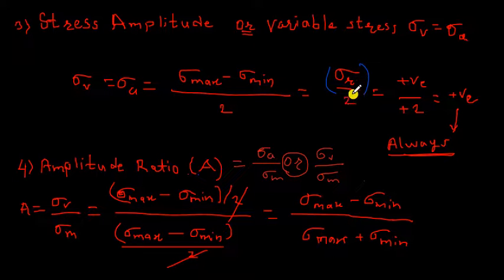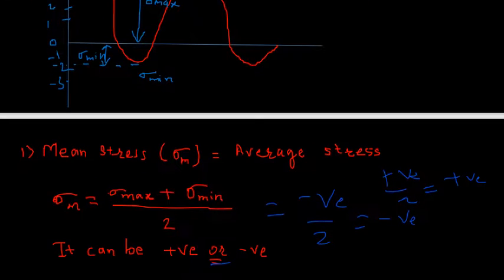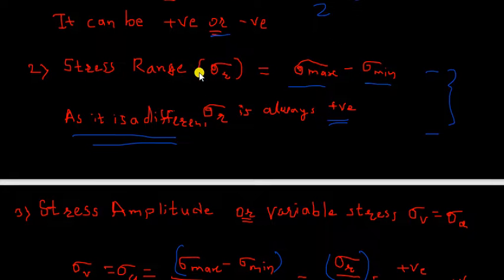That means you can write it as sigma max minus sigma min, divided by 2, or sigma r by 2. We have recently seen what sigma r is. Sigma r is sigma max minus sigma min, in the previous slide. This is the range, sigma r.